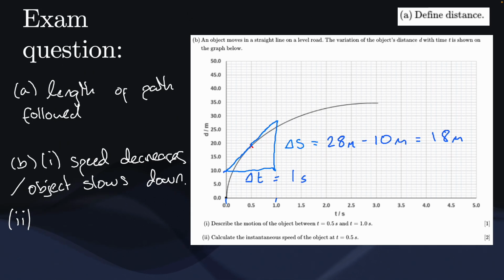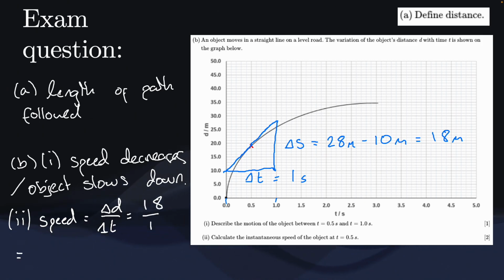And therefore, we know that the speed is given by the change in distance divided by the change in time, which is 18 divided by 1, which is 18 meters per second. And there you go. Super easy. And that is the correct answer.